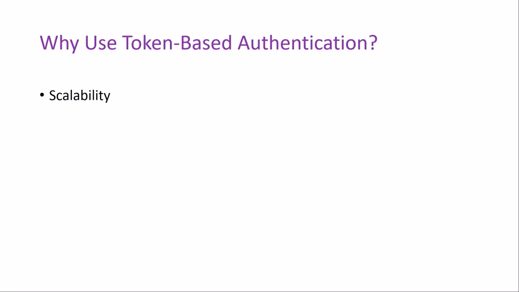Another reason is that in the token-based authentication, you can support multiple devices. In the cookie-based authentication, the cookies normally work on a single domain or subdomains, and they are normally disabled by the browser if they work cross-domain.